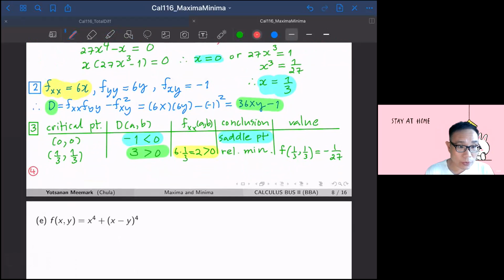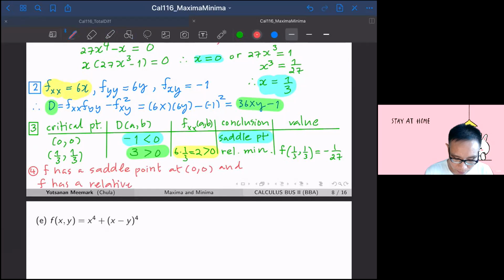Okay, so you have this table and you're gonna draw the conclusion. The conclusion will be: f has a saddle point at (0, 0), and f has a relative minimum at (1/3, 1/3) with the value -1/27.